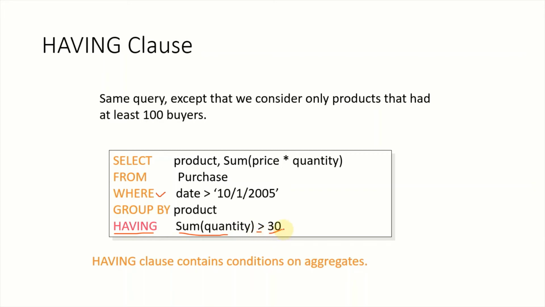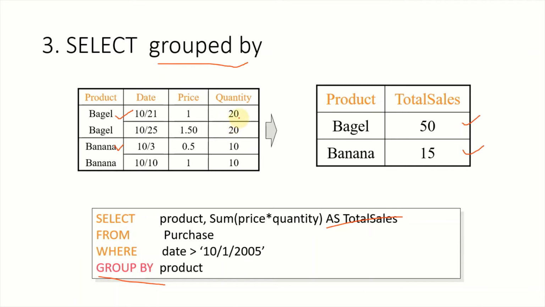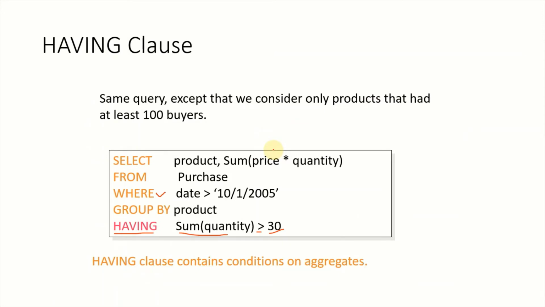In the previous example, we had quantity for bangle and also quantity for banana, so we can group these and we can put some additional condition on these quantities. So the first condition is to compare the value with 30, and also inside the value we are taking the sum of these quantities.